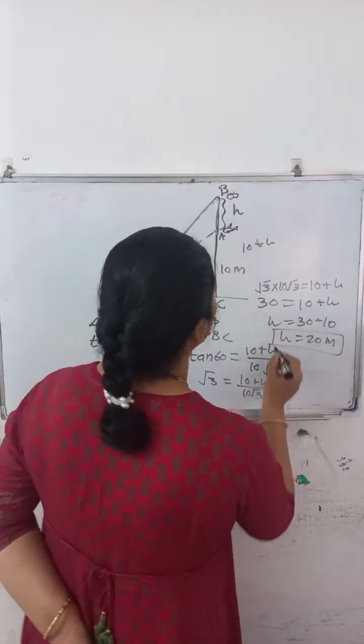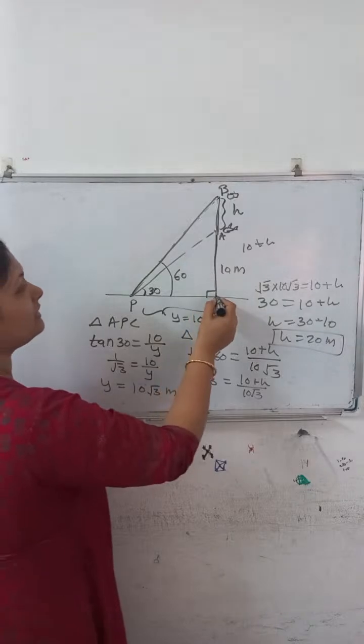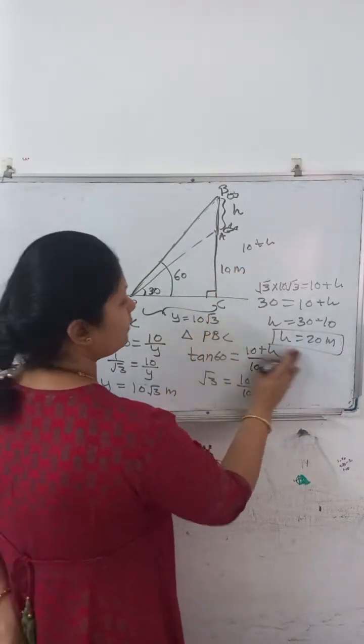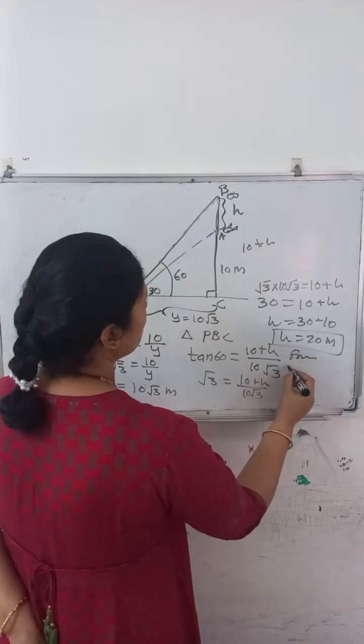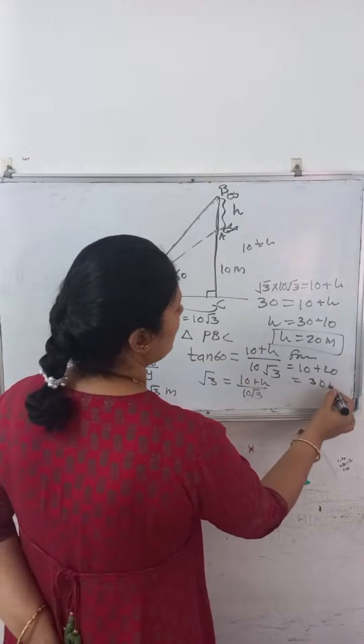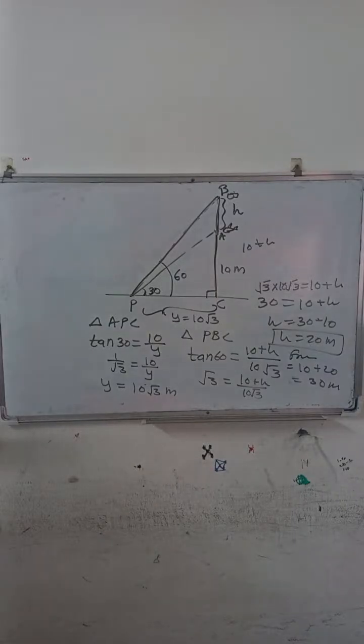But that is not the answer. We want this 10 also. So from the ground it is 10 plus 20, equal to 30 meter. So that helicopter is 30 meter above the ground. This is the height from the ground.